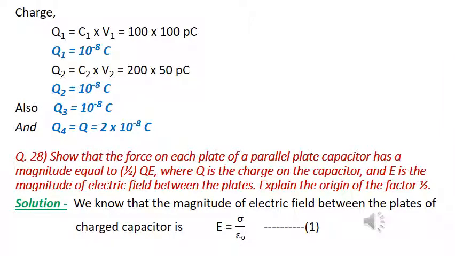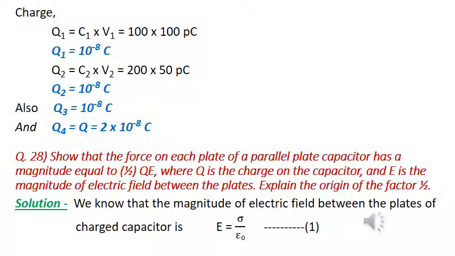For calculation of charge on each capacitor, we will use the formula Q is equal to C into V. So the charge on the first capacitor Q1 will be equal to C1 V1, and by putting the values we get Q1 is equal to 10 to the power minus 8 coulomb. In a similar way, we calculate the value of Q2, which is also 10 to the power minus 8 coulomb.